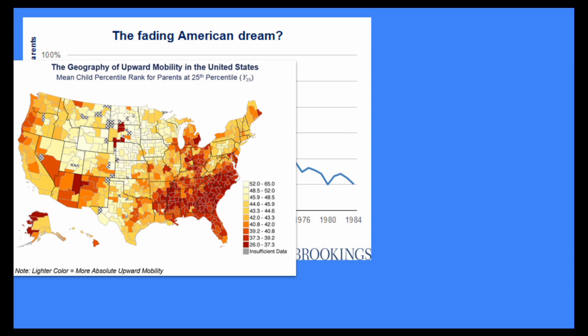What we see from this heat map is that in the darker areas, people end up roughly around the same place as their parents, or just modestly better than their parents were. So in the deep south regions in Mississippi, Georgia, the Carolinas, Florida, you see that most children are ending up in the same part of the income distribution as their parents, regardless of the fact that time is moving on and income and opportunity should be growing for them as time goes on.